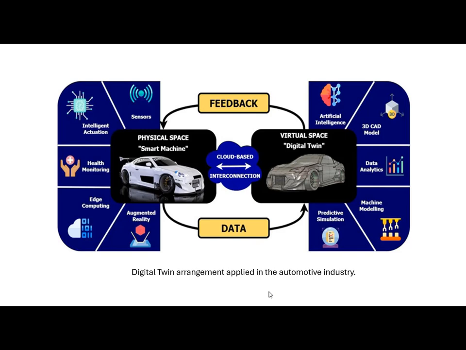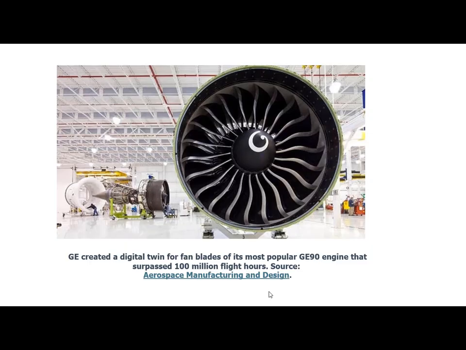This is the digital twins in systems engineering. Digital twin arrangement applied to automotive industry. This is General Electric, which created a digital twin for fan blades for its most popular GE90 engine that surpassed the 100 million flight hours.